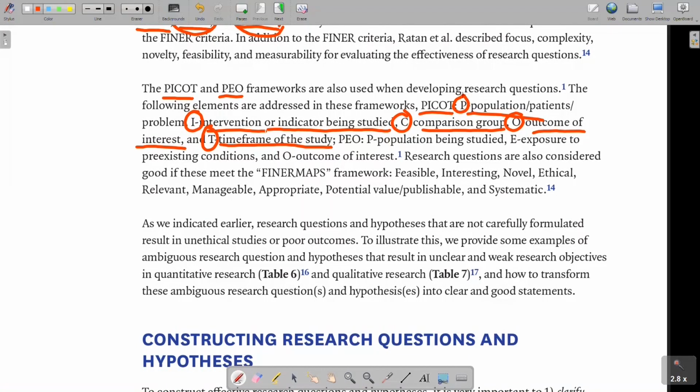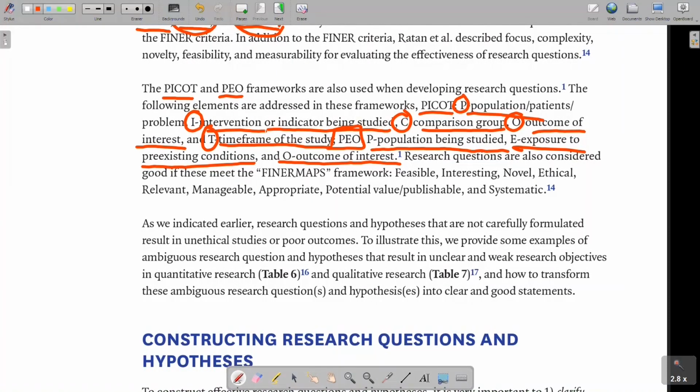Or in the PEO criteria, P is for population being studied, E for exposure to pre-existing conditions, and O for outcome of interest that we can study.